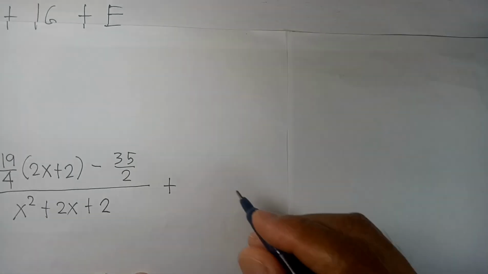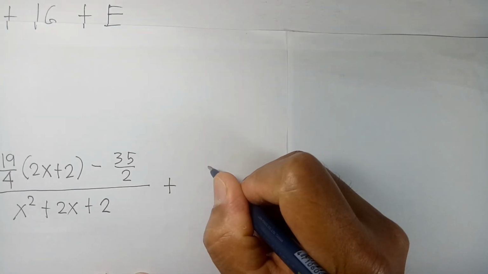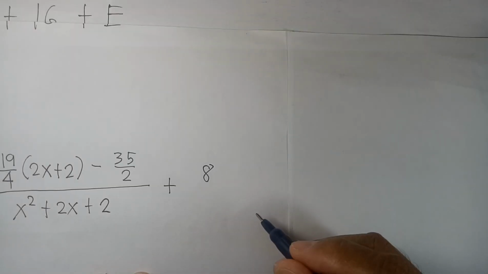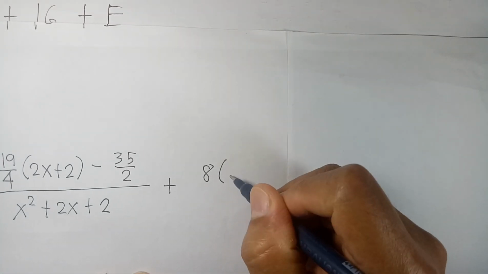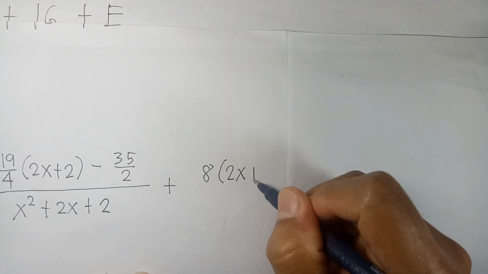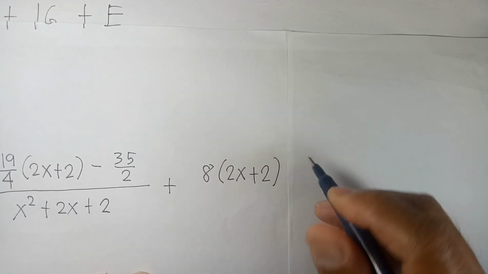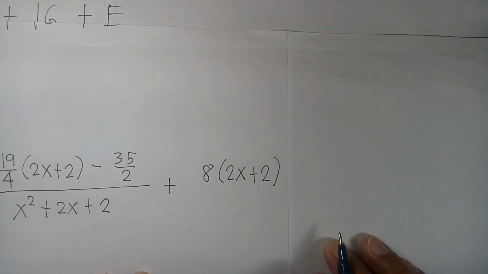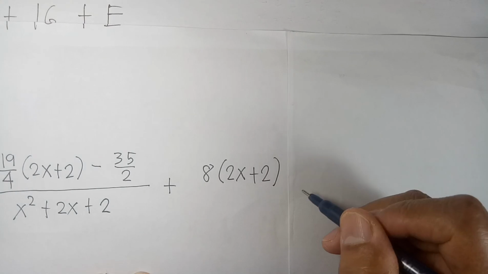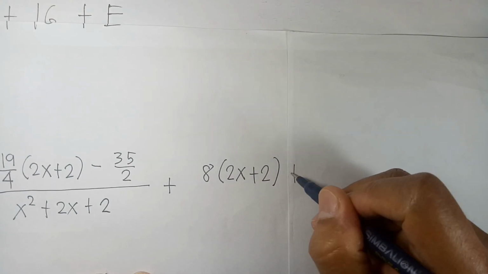So, ang d natin ay 8 and then times 2x plus 2. And then plus e. Ang e natin ay 9.